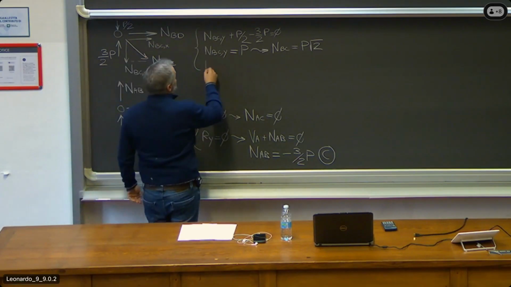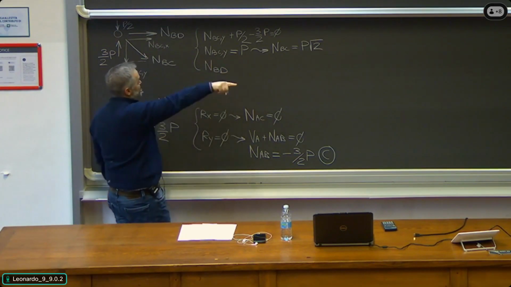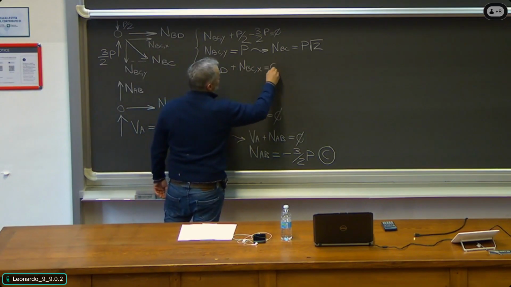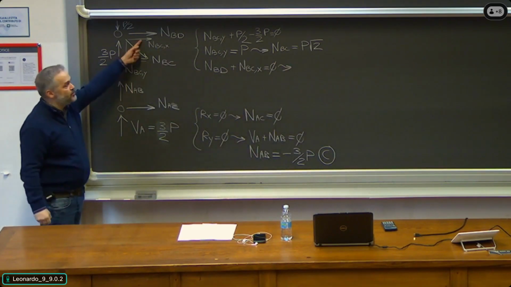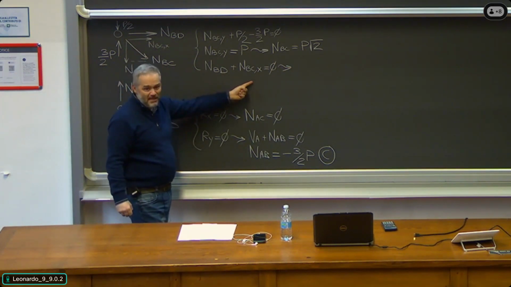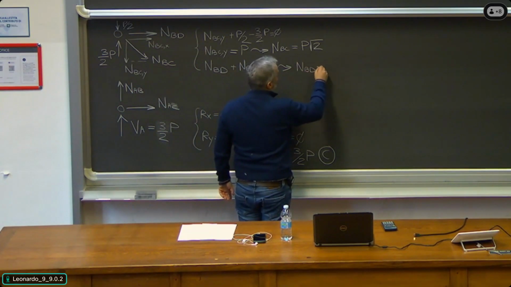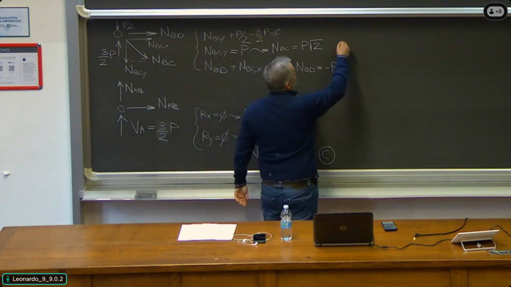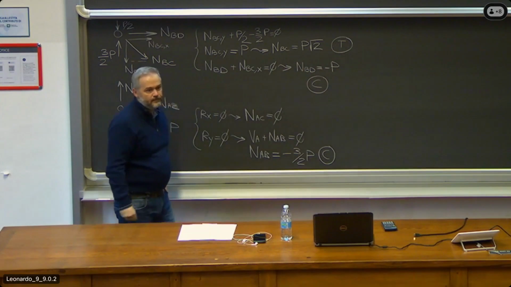So our horizontal equilibrium basically reduces to NBD, pointing to the right, plus NBCX equal 0, meaning that if this is P, this will be P. So my equation will read NBD plus P equals 0, which means NBD equal to minus P. What about the signs? This is tension, this is compression. Okay?